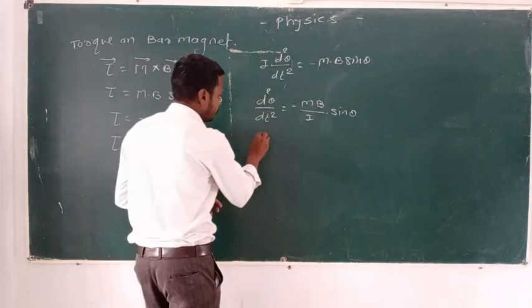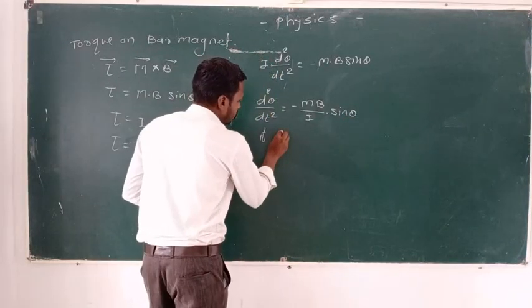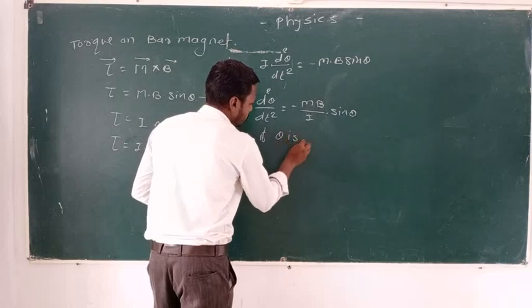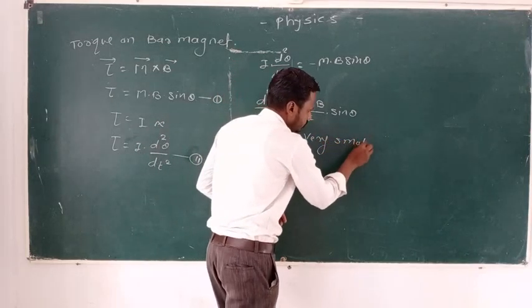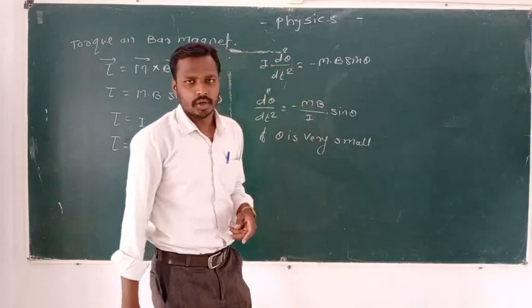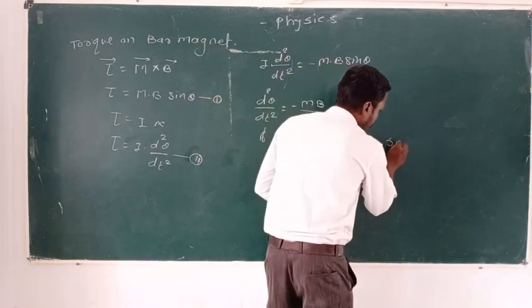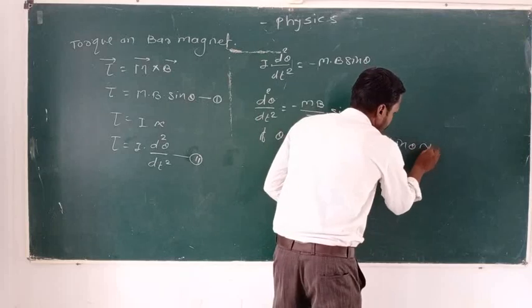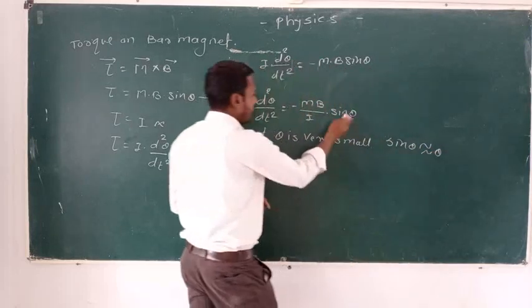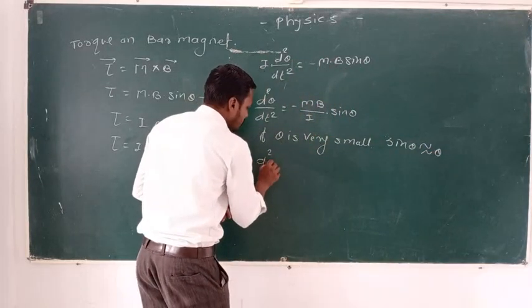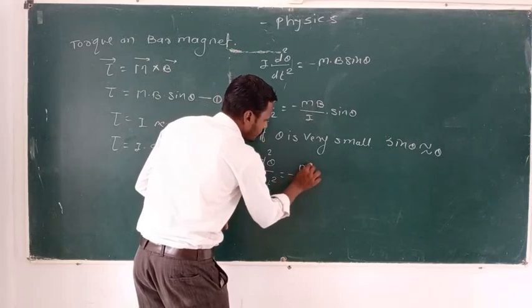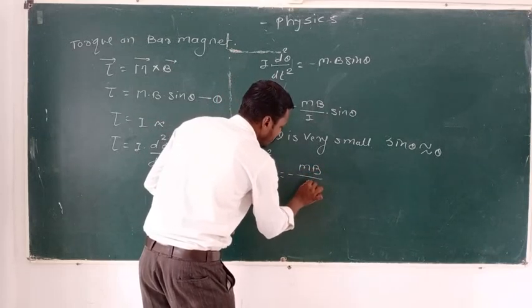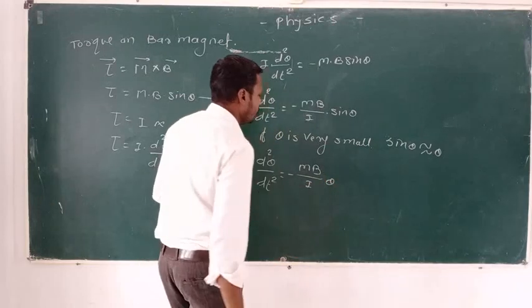If theta is very small, then we can write sin theta is nearly equal to theta. Therefore the above equation becomes d2 theta by dt square is equal to minus mb divided by I into theta.